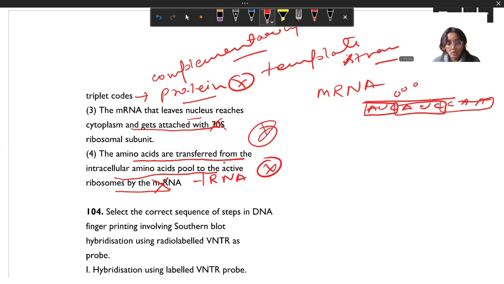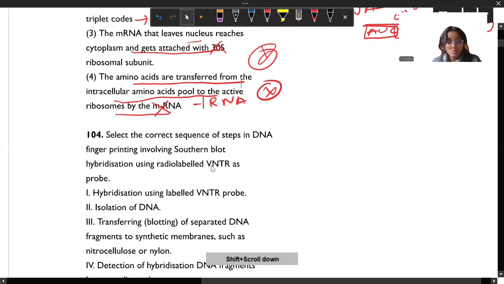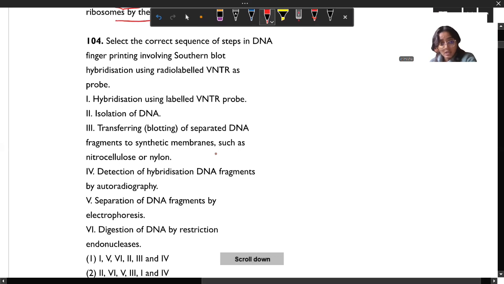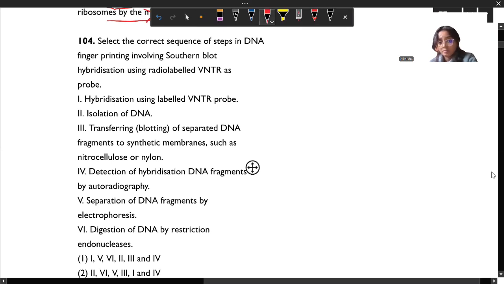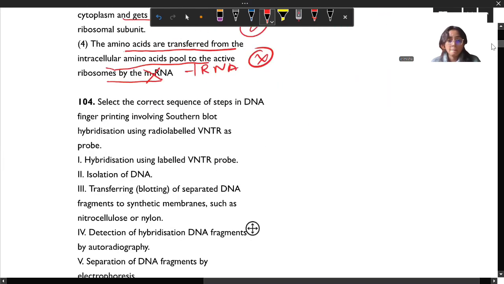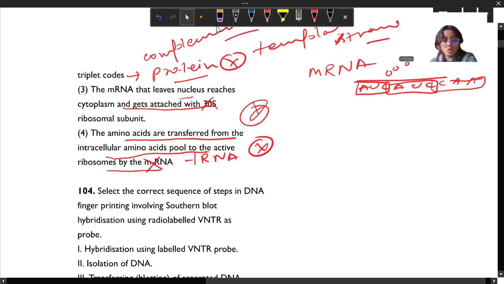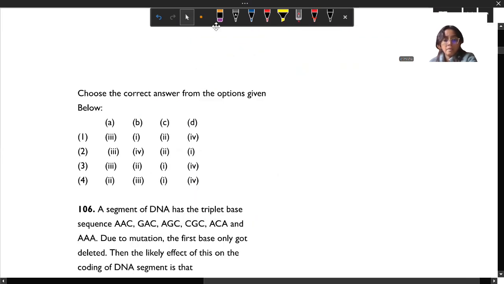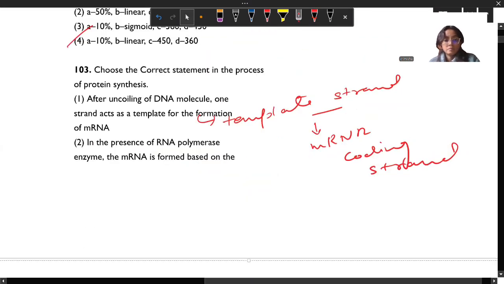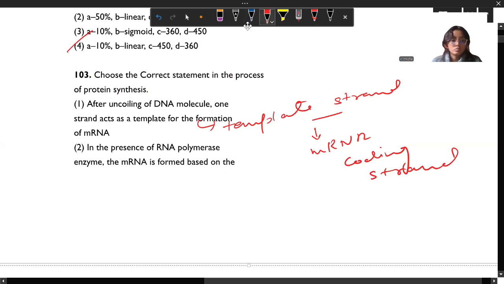I hope this is clear to you. So if statement 2 is wrong, statement 3 is wrong, and statement 4 is wrong, then which statement is by default correct? The correct statement is statement number 1.